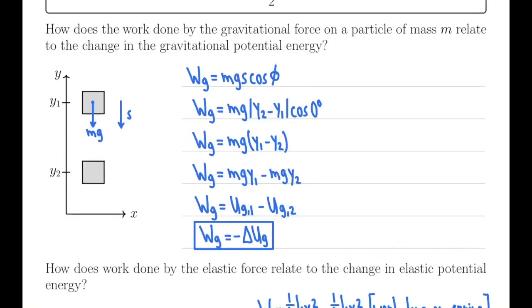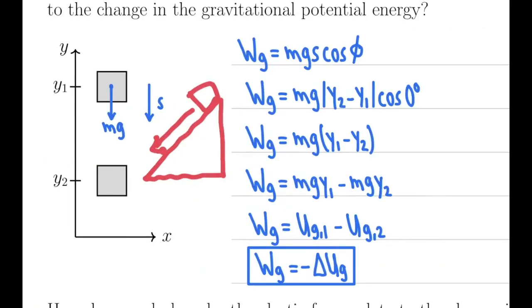So it doesn't matter whether an object falls straight down, like from y1 to y2, or if it slides down a ramp, because the work done by gravity is going to be the same since the starting and ending points are the same. It's just going to be mg times the initial position minus the final position.